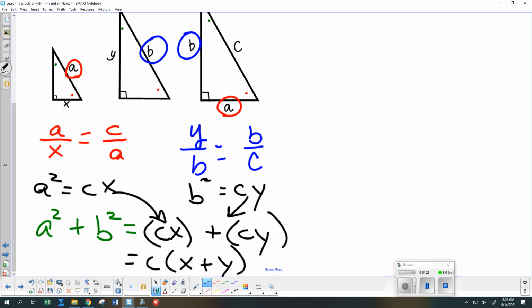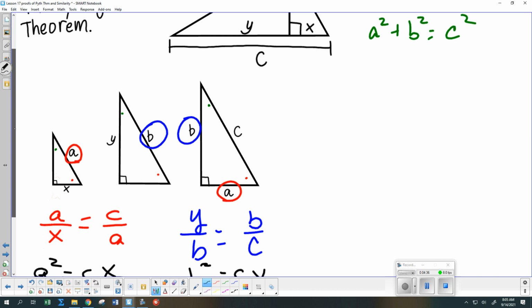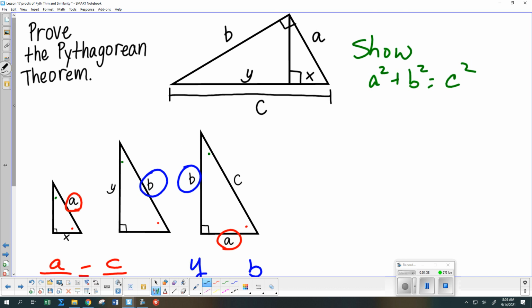I want A squared plus B squared is C squared. I have one of the C's. So I wonder, well, what's X plus Y? If I can figure out that it has to be C, I'm home free. So I'm going to go back to my original picture up here, and I am going to look at that, and I am going to say, oh, if I take X plus Y, that's just as long as C, right?